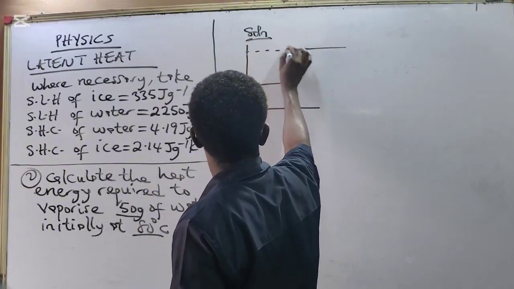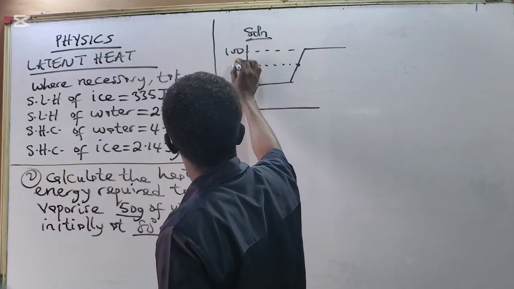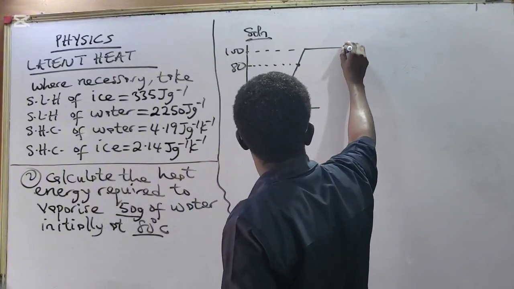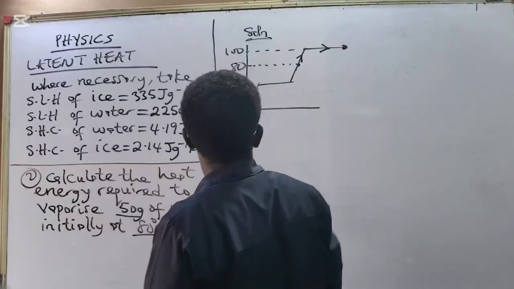Remember, this top point is 100. So let's mark the point here. Let's call this point 80. To vaporize means I'm moving to this particular point. So I move from here to here, then from here to this point. So I have 2 calculations.